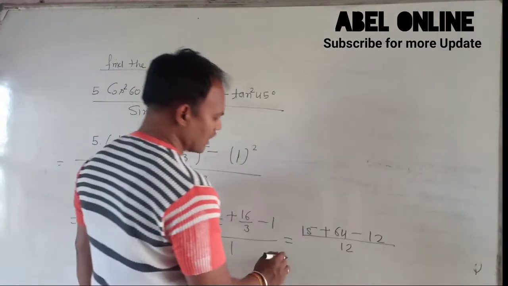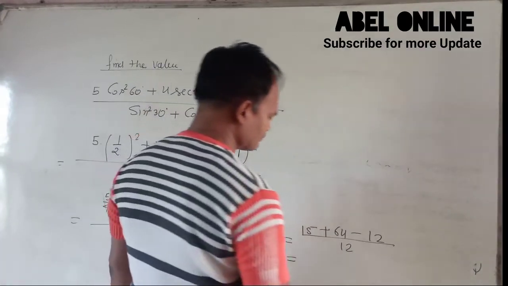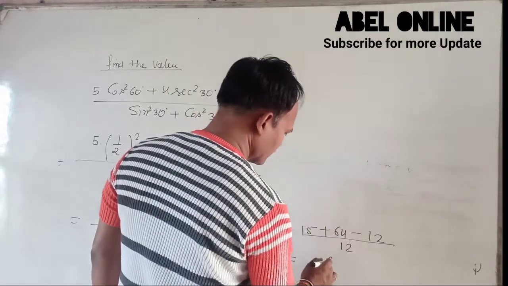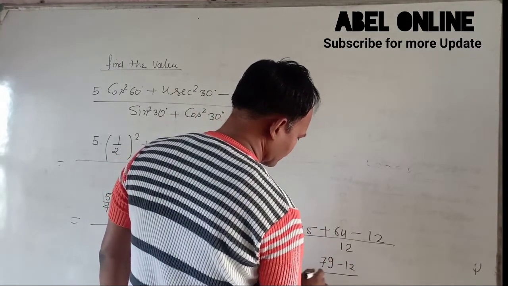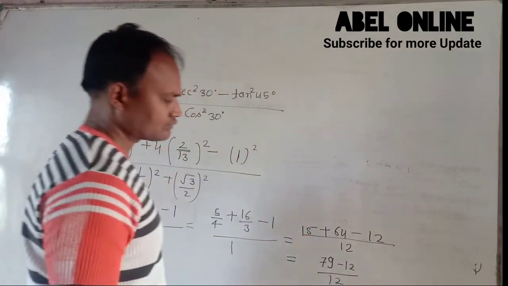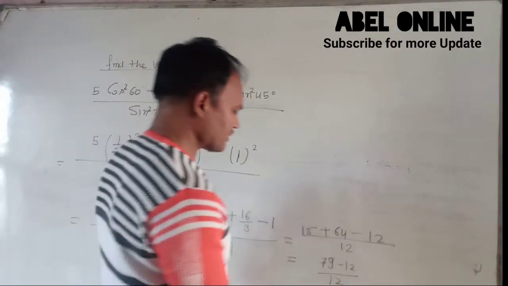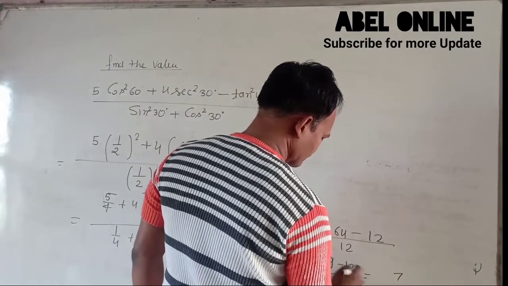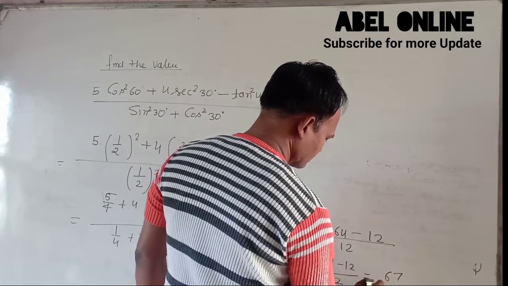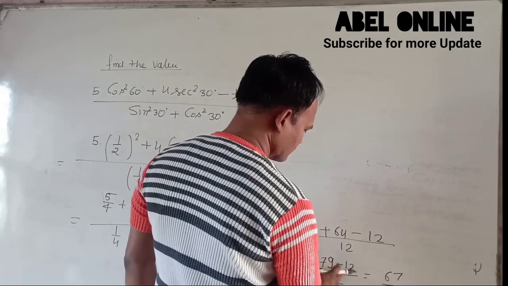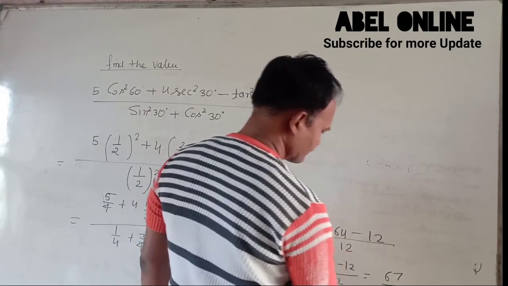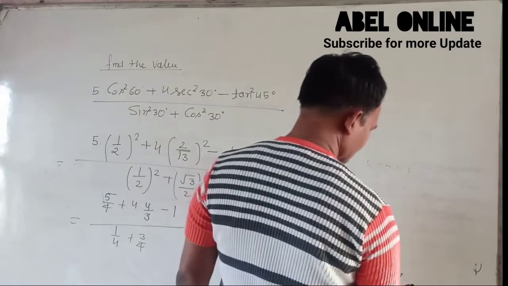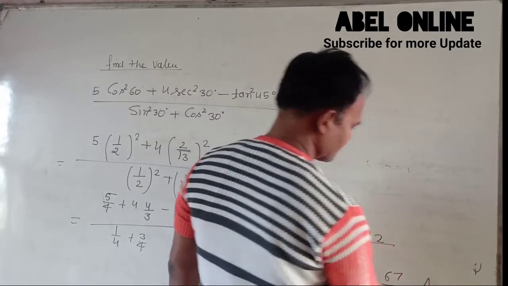After adding the values, there is 79 minus 12 upon 12. So this is 7, and this is 6, and this is 12. So this is the answer.